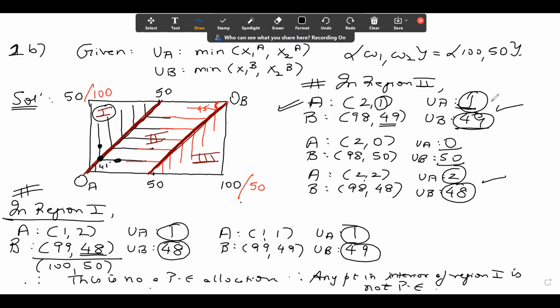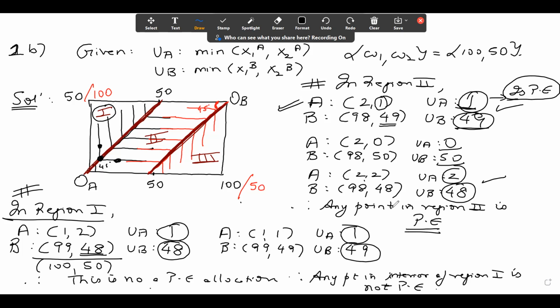That means my original allocation is Pareto efficient. And by generalization, any point in region 2 is Pareto efficient. You take up any point in region 2, that is going to be Pareto efficient.